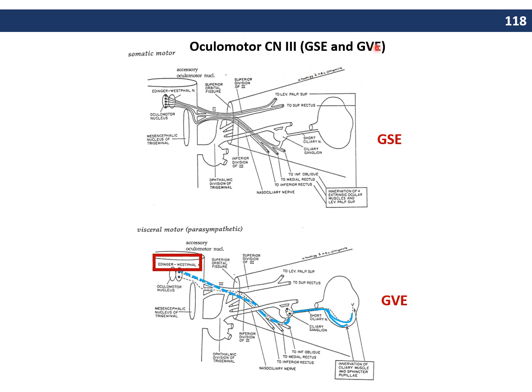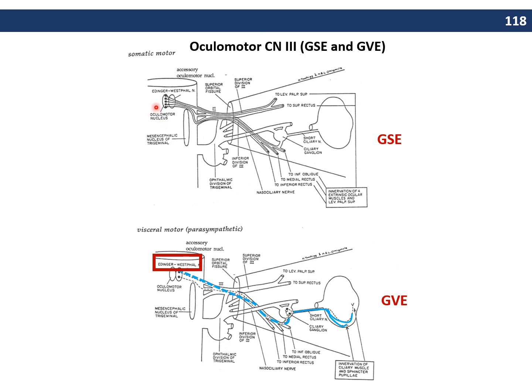The oculomotor has both GSE and GVE nerve fibers in it. You do not need to know the oculomotor nucleus. You do not need to know the nuclei of these cranial nerves.